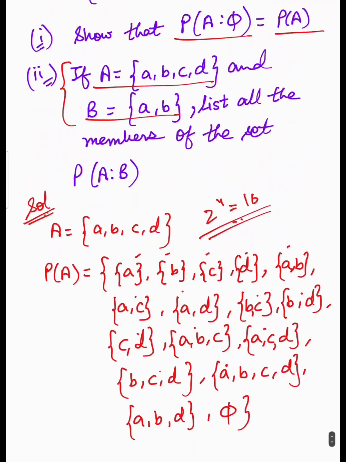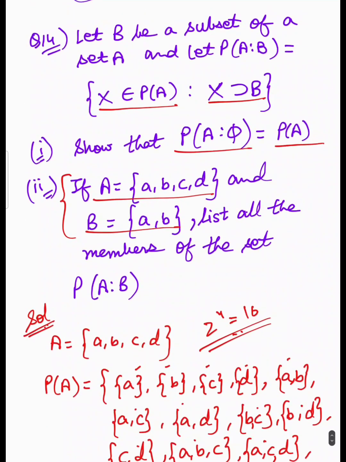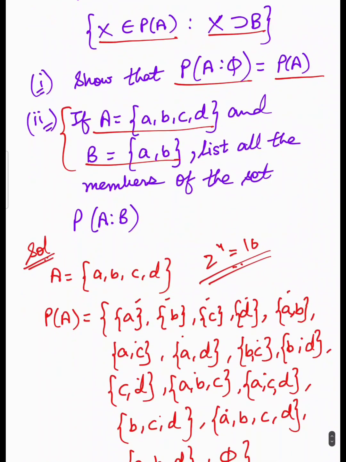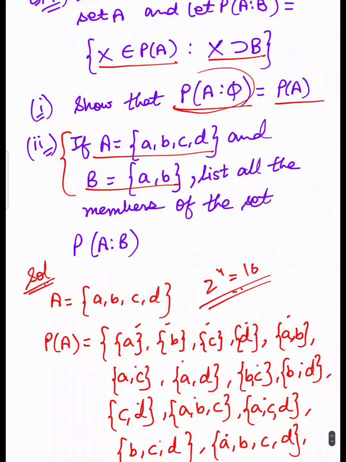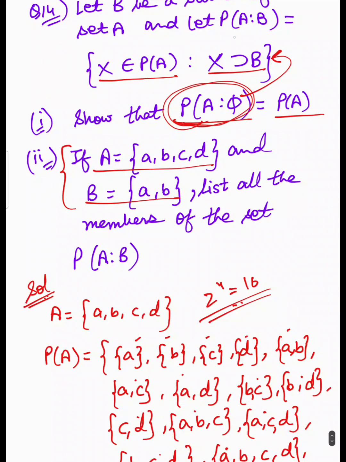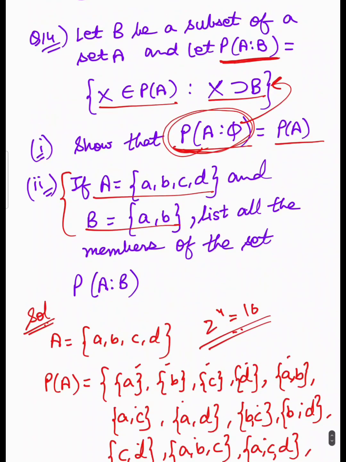Okay, now what should we do? See here, let's write this part. Let's look at this part once, at the definition given here, and write it using this definition given in the question.